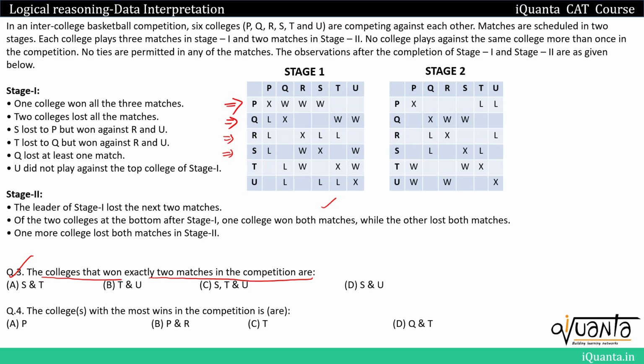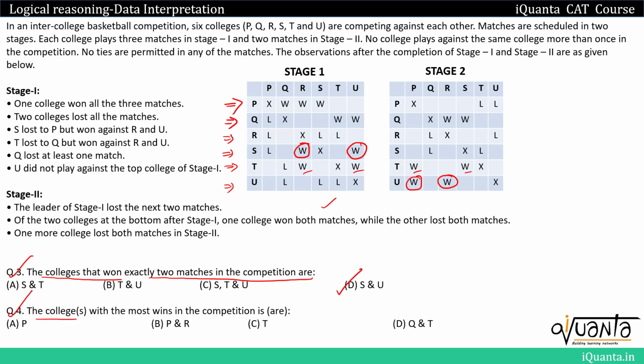Then S won exactly 2 games in stage 1 and stage 2. So we'll have S. Then if we look at T, then T has won 4 matches in both the stages in total. U has won only 2 matches combined in both stage 1 and 2. So we have only S and U. Option D will be the correct answer.